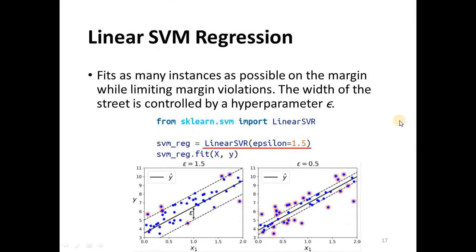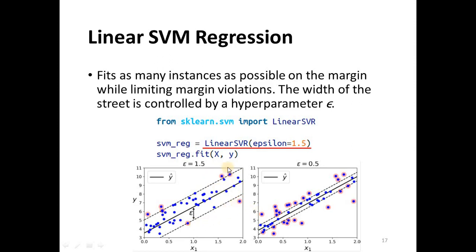Now to regression. SVM also has linear and nonlinear regression. The linear SVM regression fits as many instances as possible on the margin while limiting margin violations. It tries to have as many instances inside the margin and minimize the instances outside the margin.